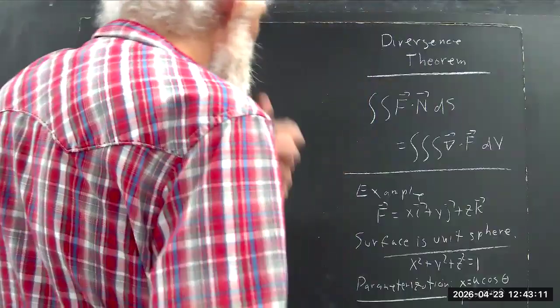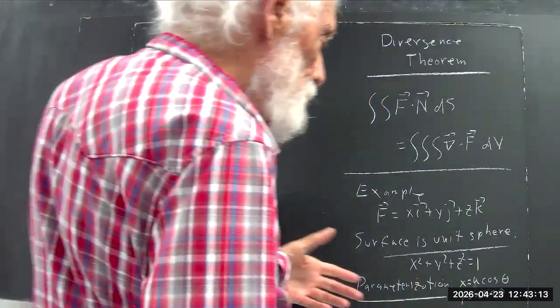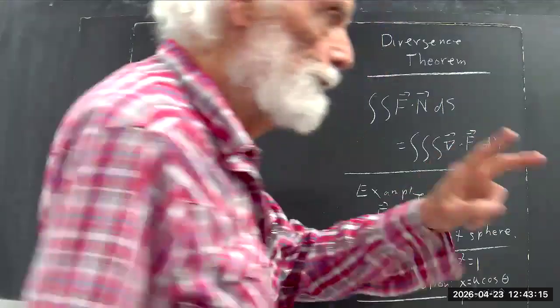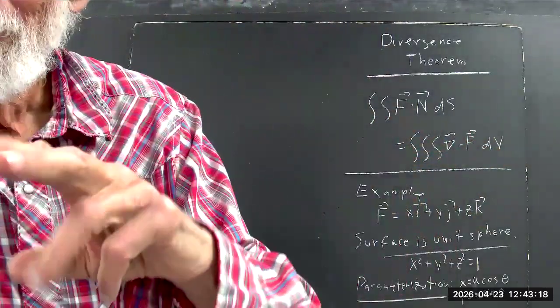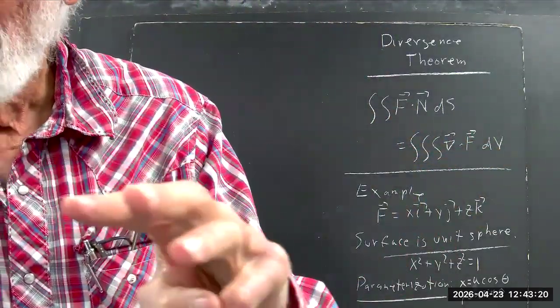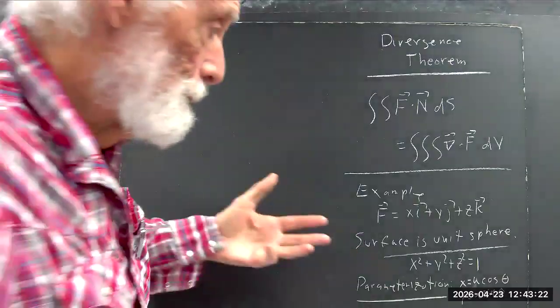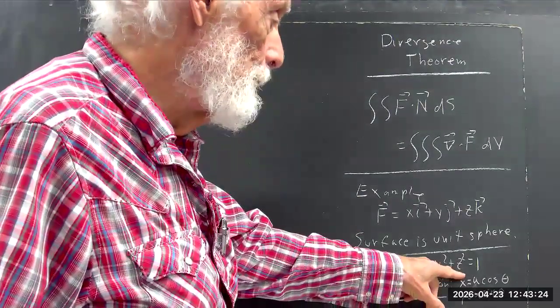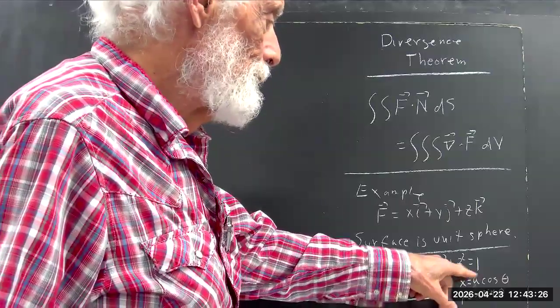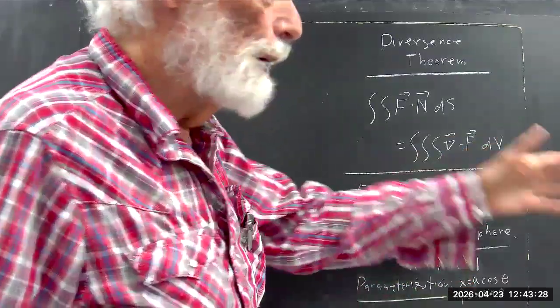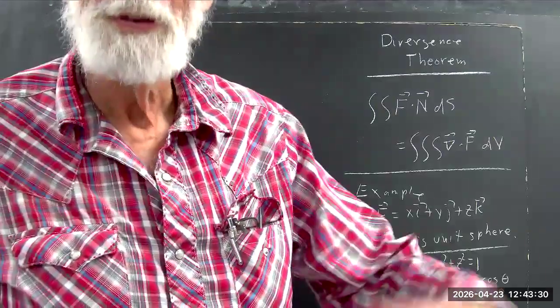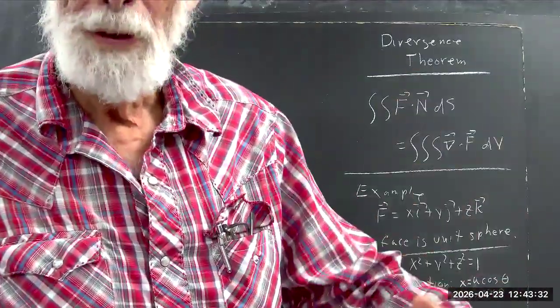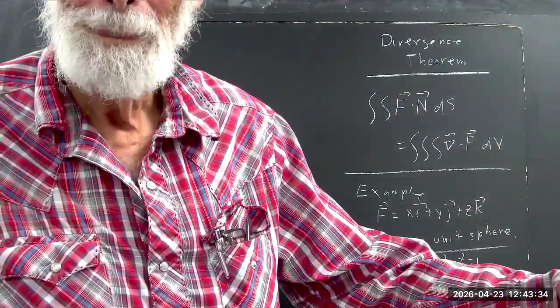Then what's z equal? You have to have z in terms of u and theta because you've already got two parameters. You solve this for z: z squared equals 1 minus x squared minus y squared, so z is the square root of 1 minus x squared minus y squared.